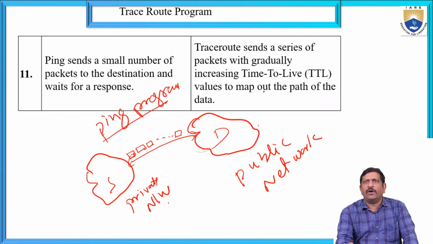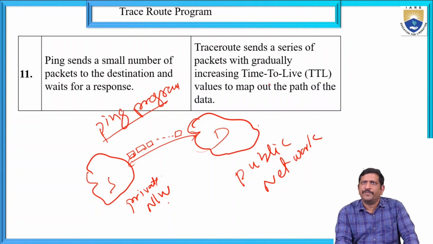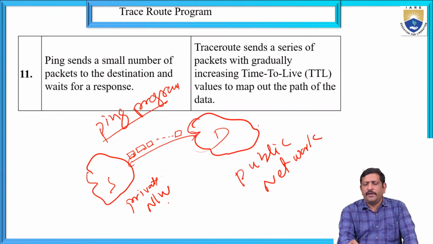In traceroute, it sends a series of packets, gradually increasing the TTL value to map out the path of the data. Serially, it sends the packets one by one.